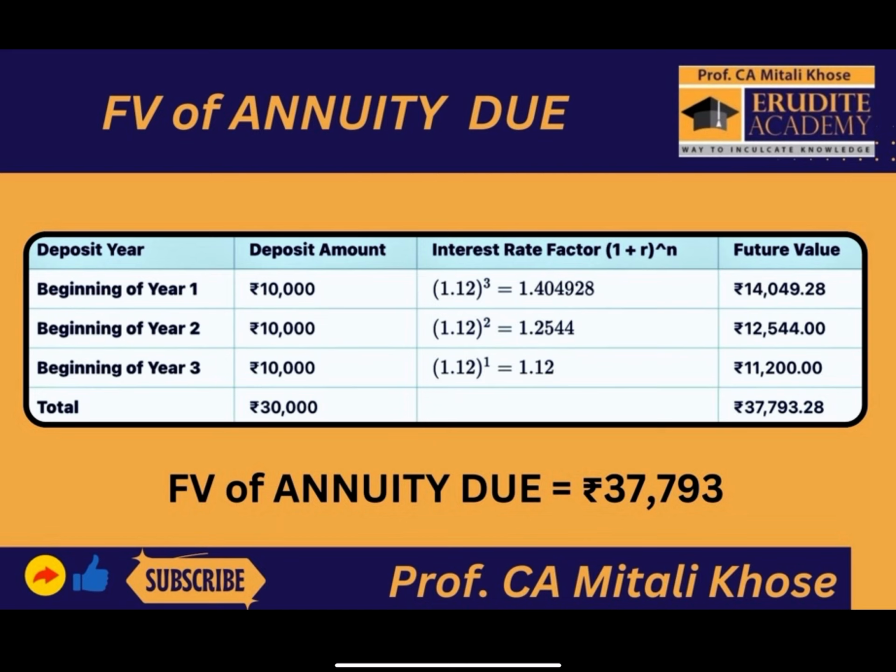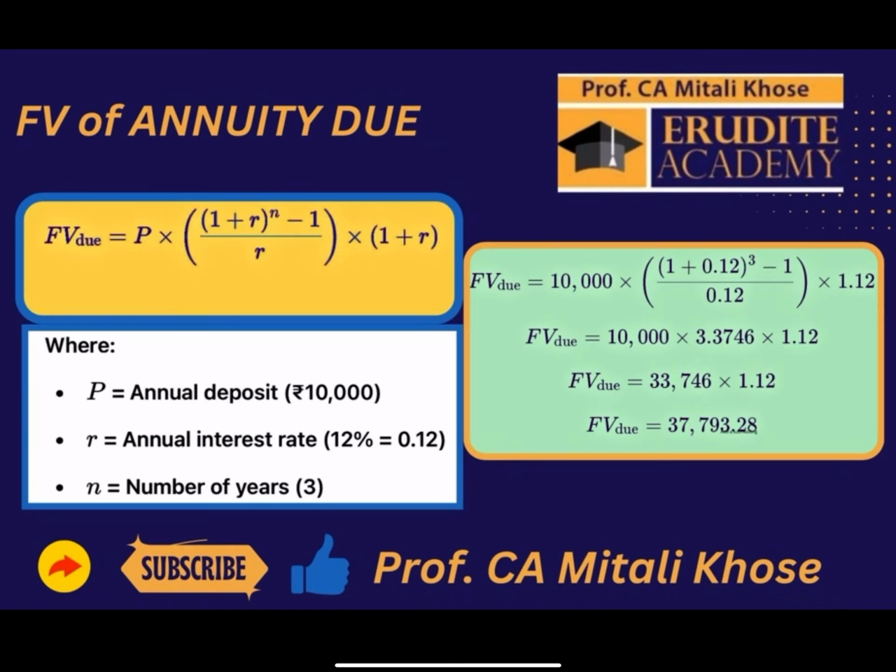The way we calculated ordinary annuity using logic as well as formula, likewise, we can also calculate annuity due using formula. The first half of the formula is same as ordinary annuity, as deposits will be made at the beginning of each period. The amount that will be invested at the beginning of last year will also fetch return for one period.